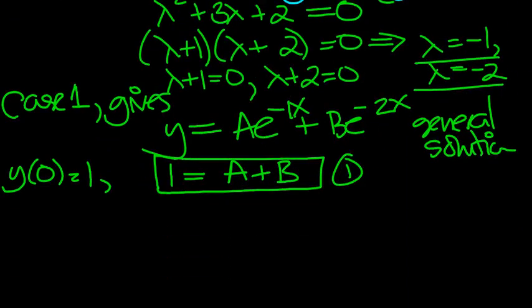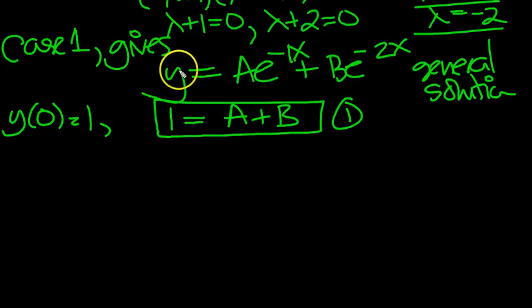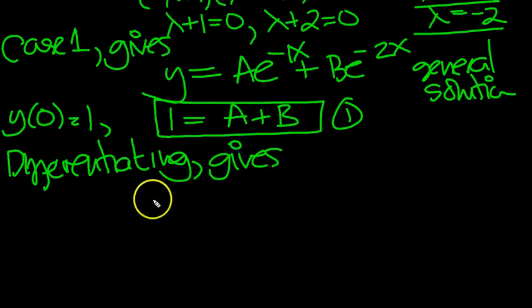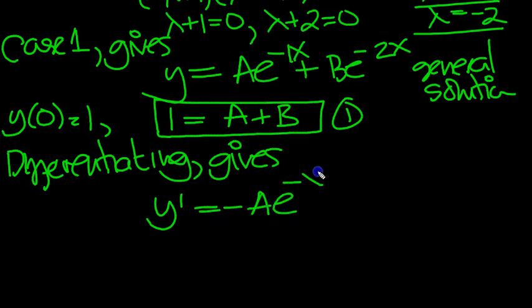So when we differentiate, as you can probably see now, let's quickly just differentiate it. Differentiate the function and you get y dash. This is a function of a function, so the minus comes down to be with the a lots of e to the minus x, and similarly the minus 2 comes down to be with b, minus 2b e to the minus 2x.